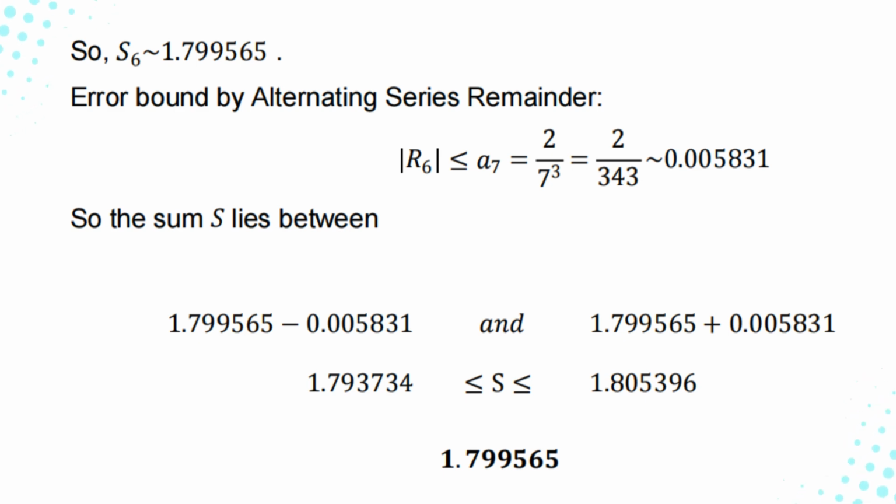So the sum S lies between 1.799565 minus 0.005831, which is equal to 1.793734, and 1.799565 plus 0.005831, which is equal to 1.805396. So 1.793734 is less than or equal to S, which is less than or equal to 1.805396. So the final answer is 1.799565.